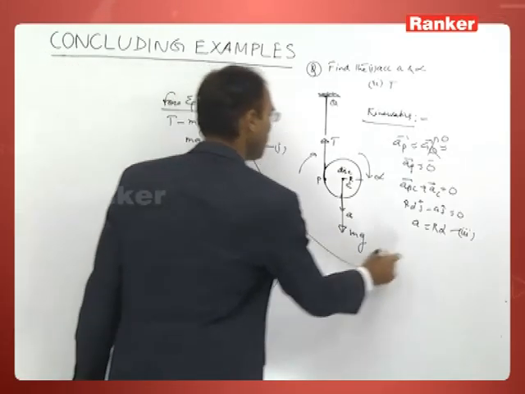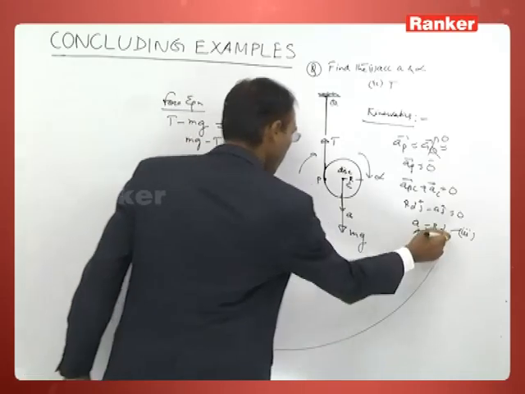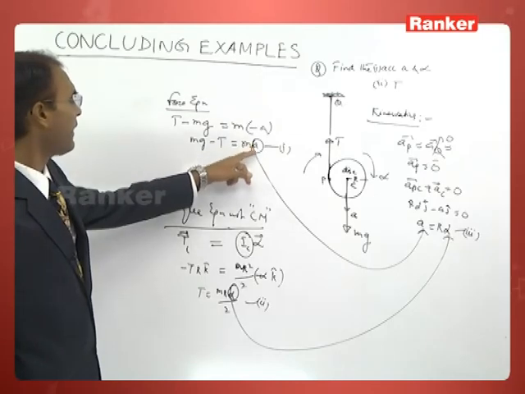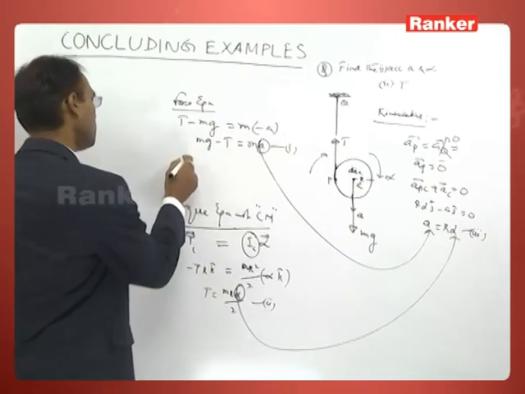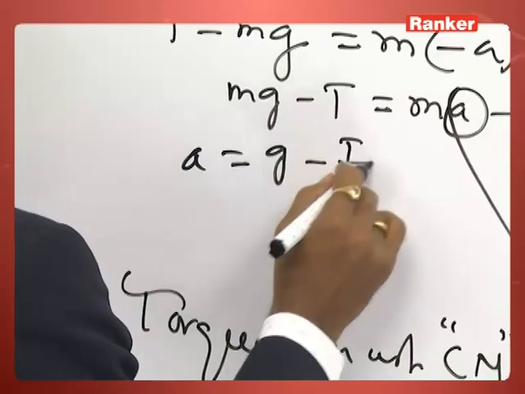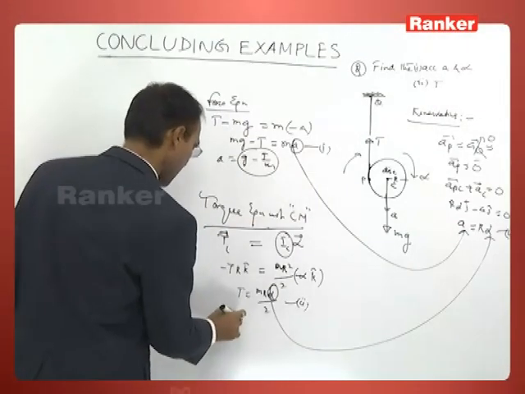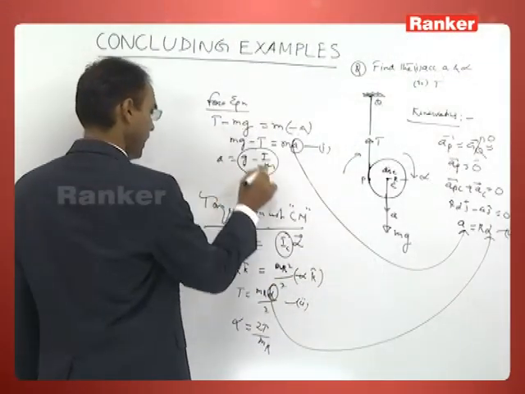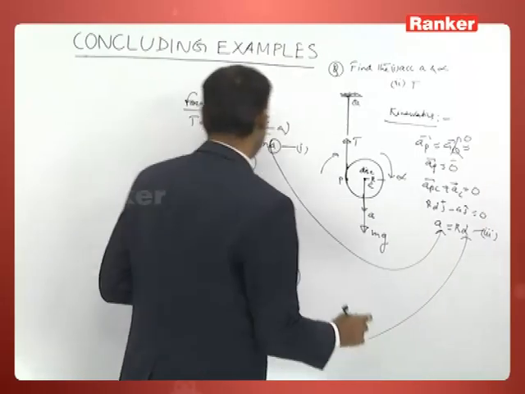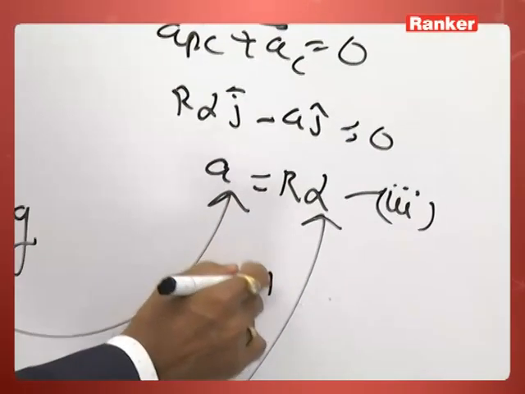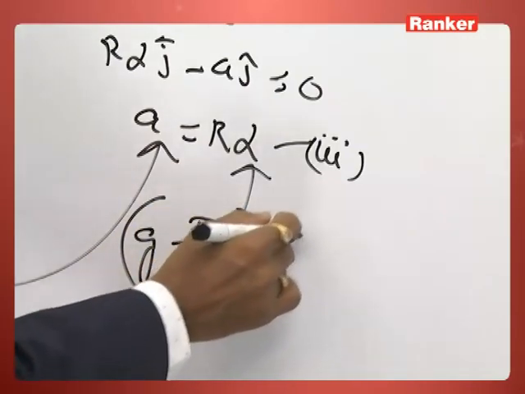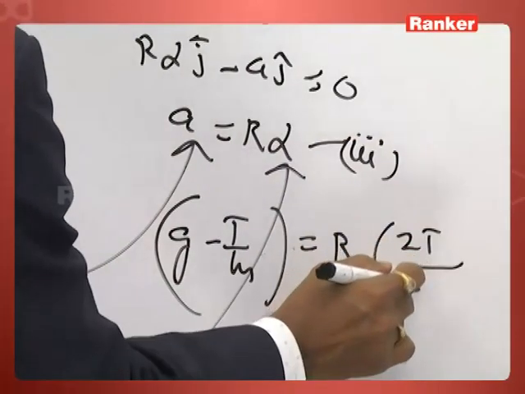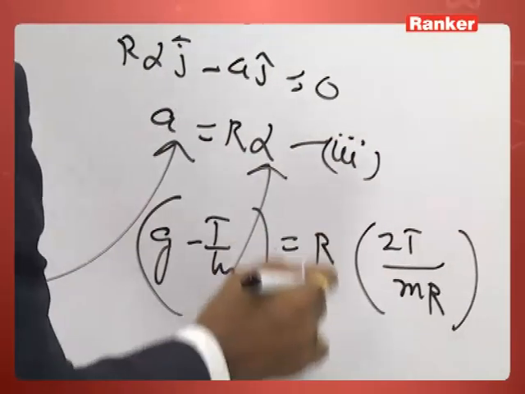Substitute A from equation 1, substitute alpha from equation 2 in equation 3. Substitute A is equal to g minus T by m, and alpha is equal to 2T by mR from equation 1 and equation 2 in equation 3 to get g minus T by m is equal to R into alpha, which is 2T by mR. R is getting cancelled.